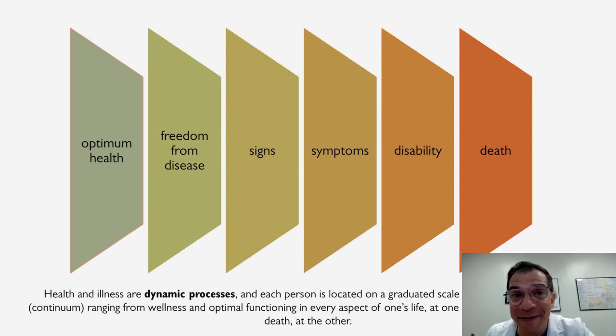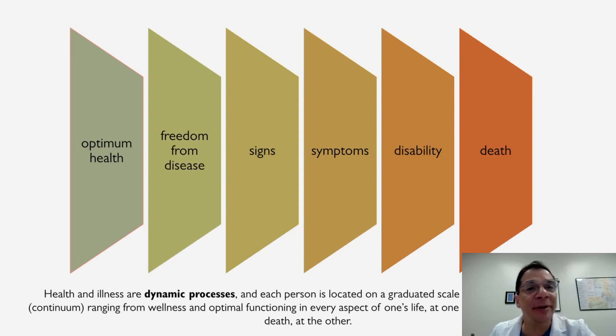Okay, now, after they develop the disease, signs and symptoms, they may get back to being free of disease and back to optimum health, or may develop a chronic disease or may develop a disability, or they may die from that disease without developing a disability. Someone has a myocardial infarction and they die without developing any disability.